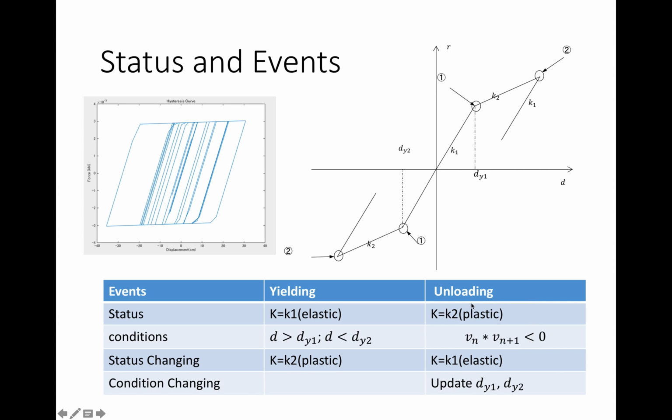And when in the plastic domain, when this happens, they will become elastic domain. So we explain going in the positive direction, then going negative: Vn is positive, Vn plus 1 is negative. In that case, multiplied together, it is smaller than 0. In the same way, when Vn is negative and Vn plus 1 is positive, multiplied together, it is still smaller than 0.